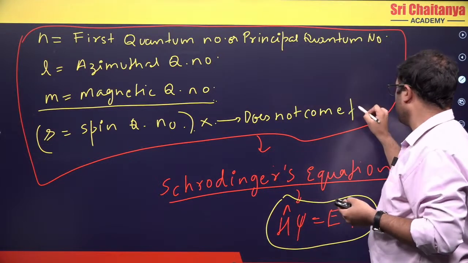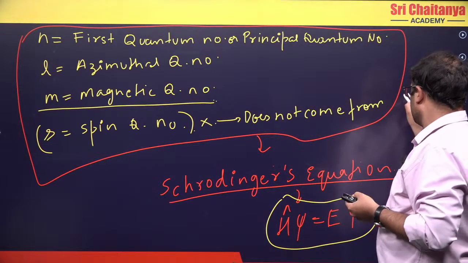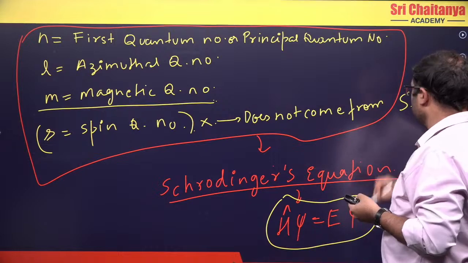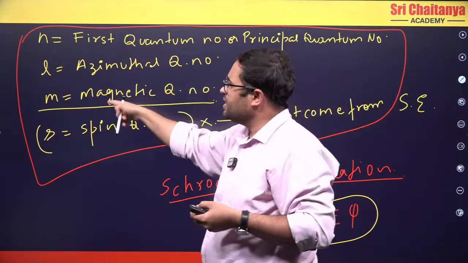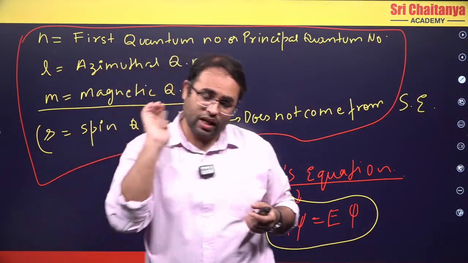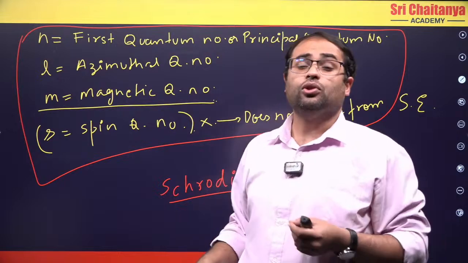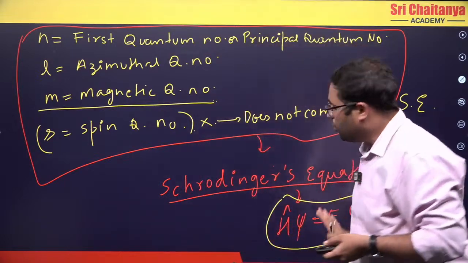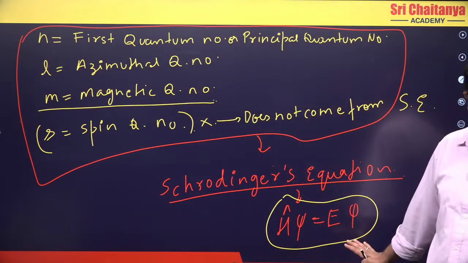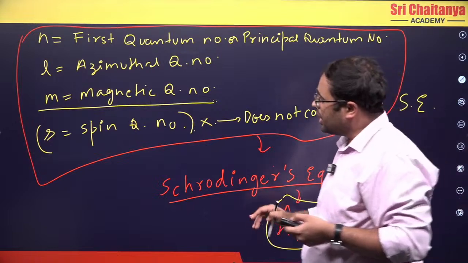But these three, N, L, M, they come directly from the solutions of the Schrodinger equation. No need to go into the detail of this right now, just understand that.